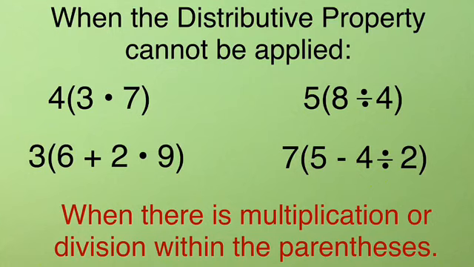If there are any operations other than addition and subtraction inside the parentheses, you will not be able to use the distributive property. Here are some examples that look similar to my previous examples, but you will not be able to apply the distributive property because they each have either multiplication or division inside the parentheses.